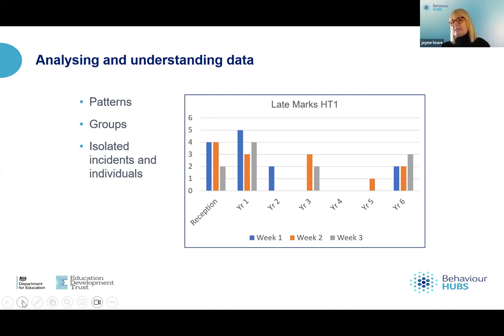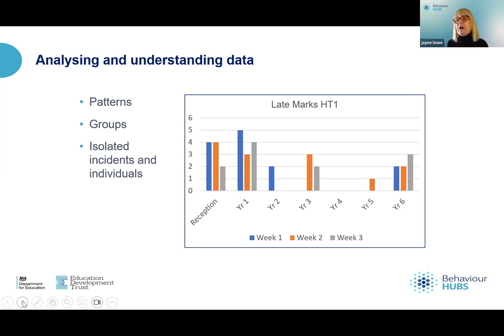Characteristics such as ethnicity, gender, EAL, children in need, looked after children, those with a social worker or those with SEND, in order to identify any barriers or challenges that leaders need to address as part of their policy and procedures. It's also important for leaders to be mindful of their duties and responsibilities under the equality duty. Things might stand out in your data set around particular groups.